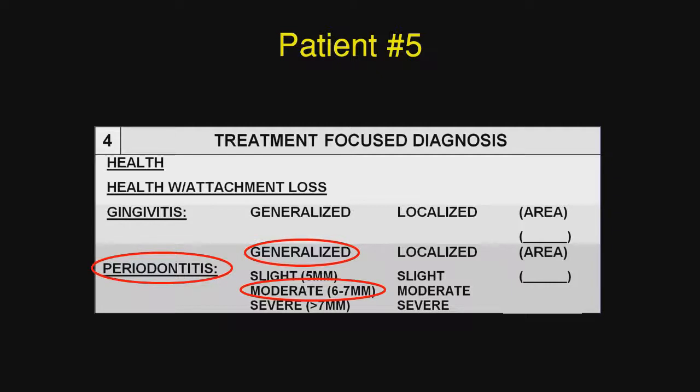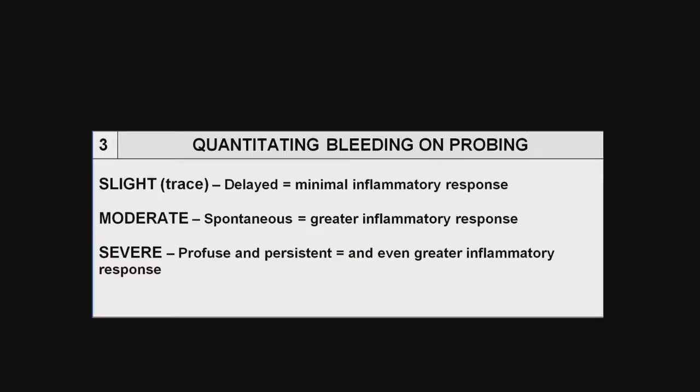Yes, you're going to be instrumenting the whole mouth, and with moderate 6 to 7 millimeter probing depths, we don't know necessarily whether we're going to do surgery or not, but we do know that we're going to need to reevaluate for possible surgery. Patient number 6, a generalized severe periodontitis. This patient, in all probability, is facing the loss of teeth and should be referred to the periodontist. We also need to evaluate bleeding on probing.